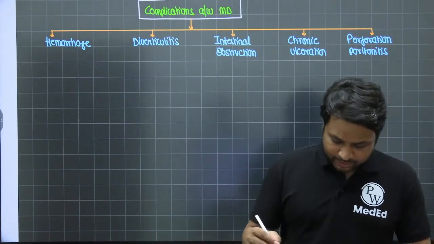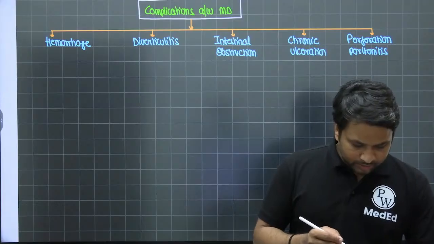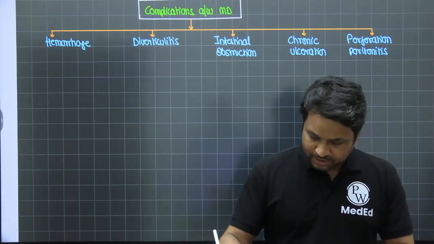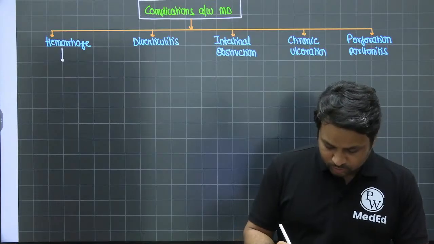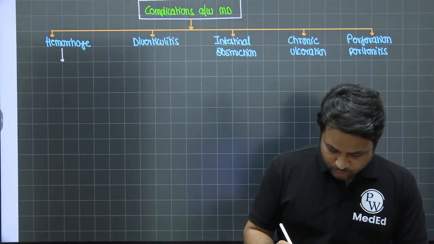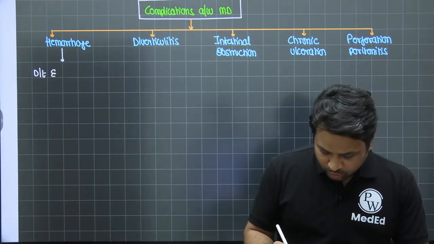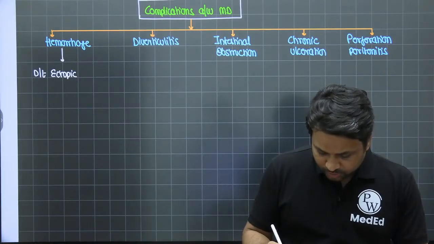Now, when I say hemorrhage, it is due to ectopic gastric mucosa.